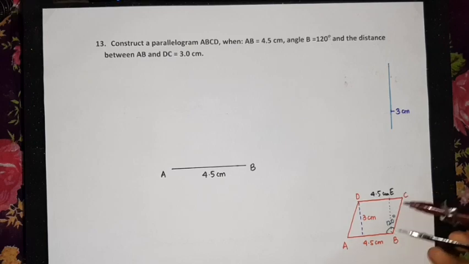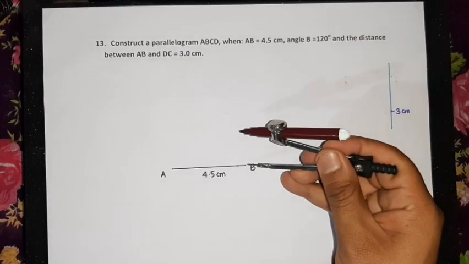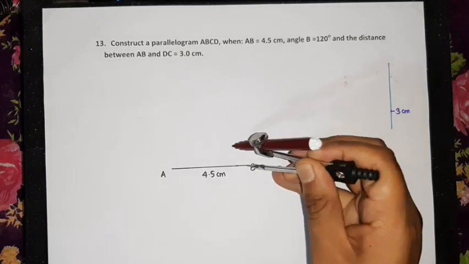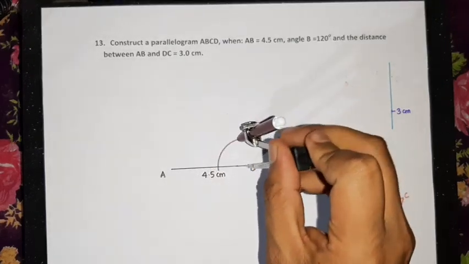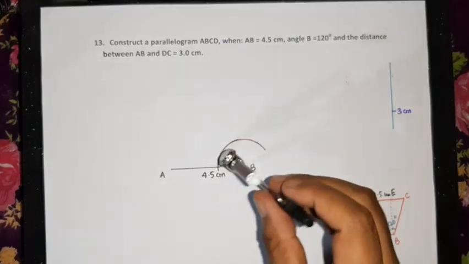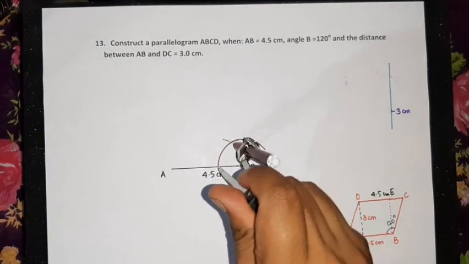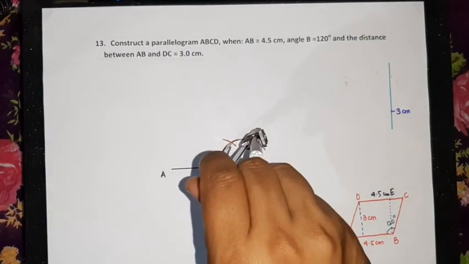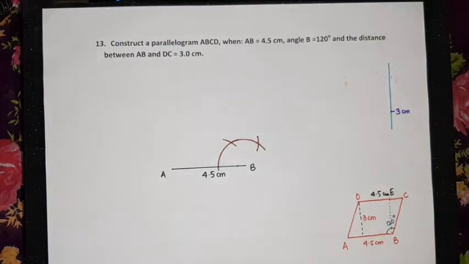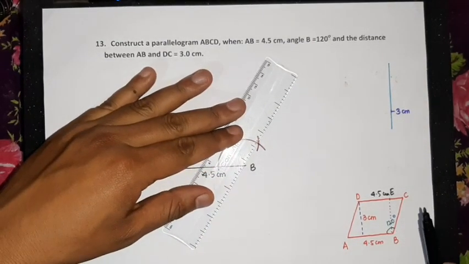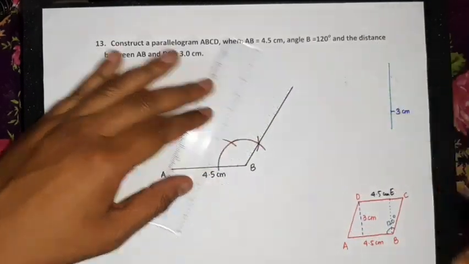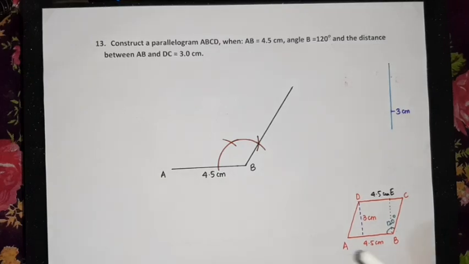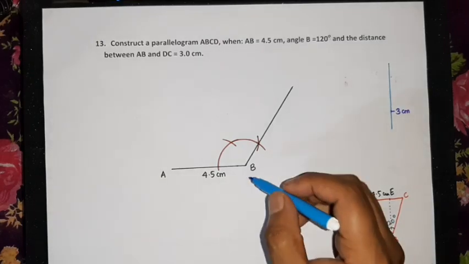At B we need to draw a 120 degree angle, so let me draw it. So this is my 120 degree angle.